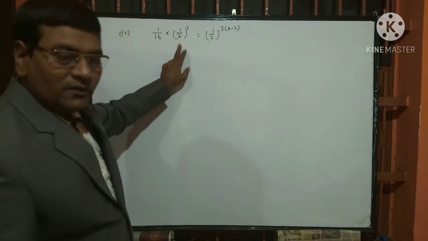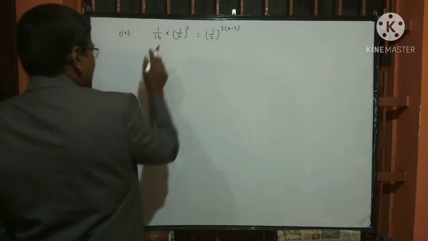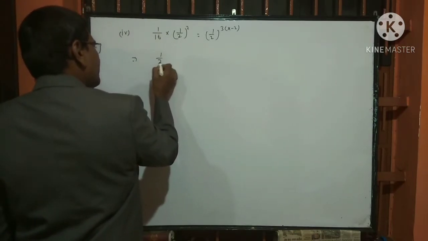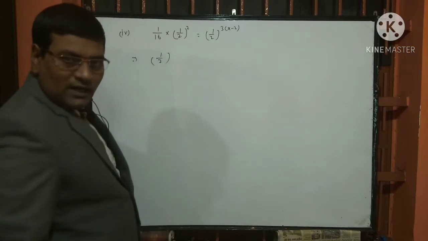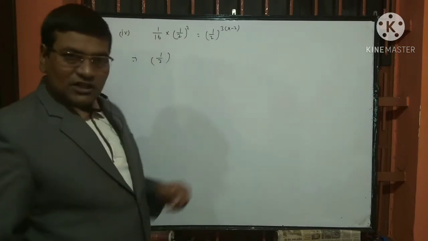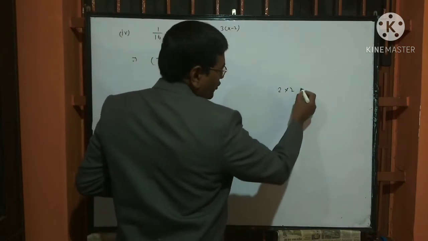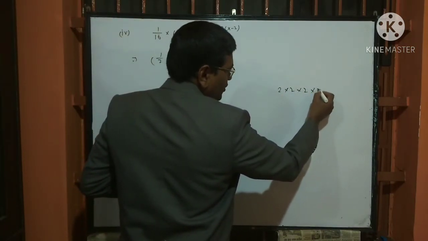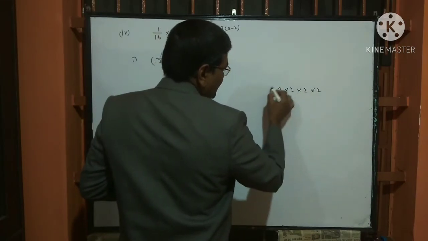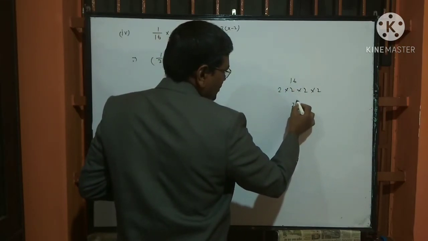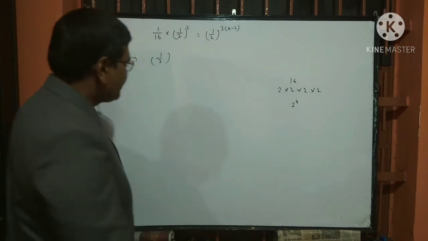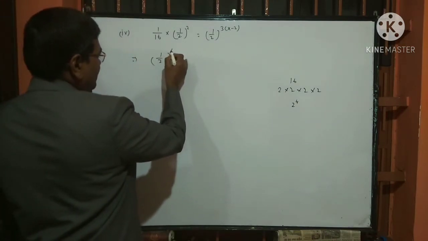So first of all we will change 1/16 as 1/2 to the power what? Look here, 16. 2 twos are 4, 4 twos are 8, 8 twos are 16. That means 16 can be written as 2 to the power 4. So here you can write power 4.